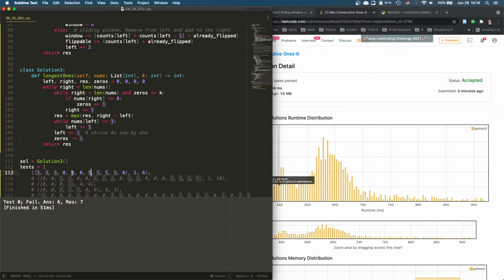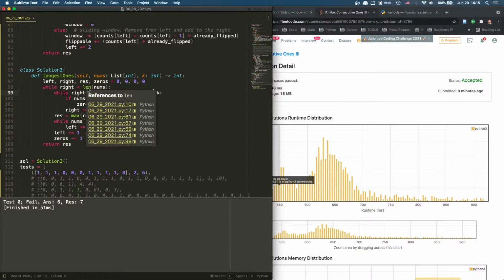Hold on, where should the right be to make it easy to think about? Let's just say right is here, right? Then if it's 0, then plus 1, and then right plus 1, and back up.